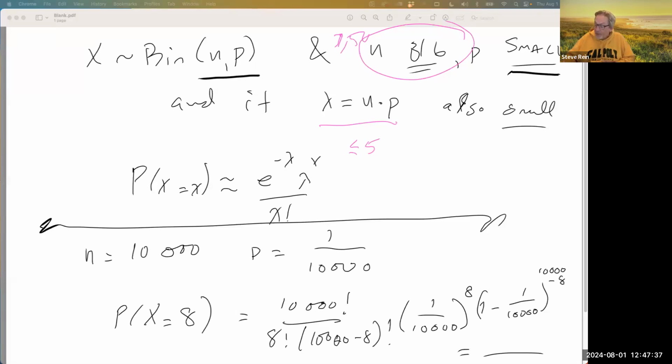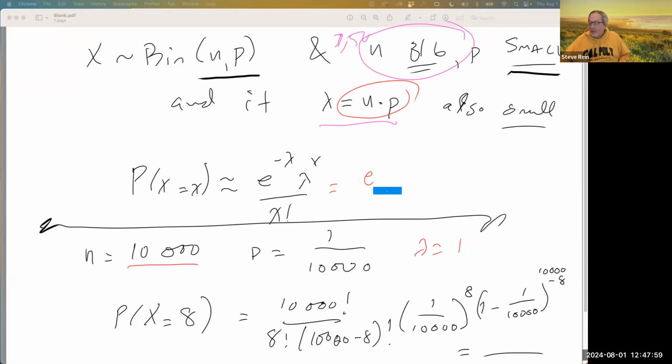So I'm going to switch gears and use the approximate solution here, and I'm going to switch over to red and maybe eliminate that so I have room to work. With this red color, all I need to know is n times p, which is 10,000 times 1 over 10,000. Lambda here is just 1.